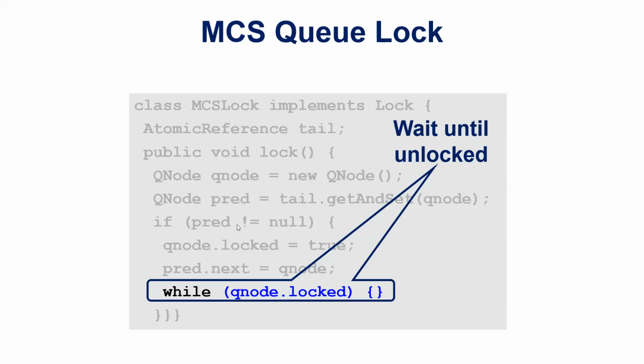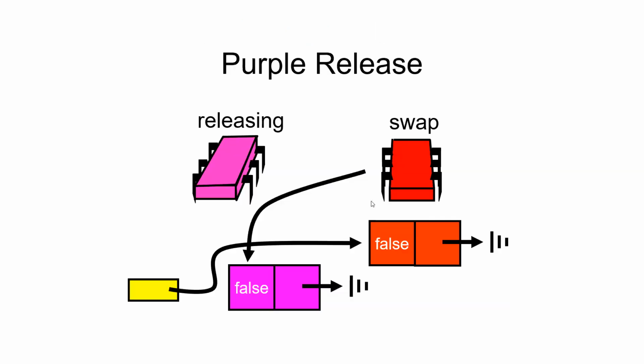After that, we check whether the predecessor is not equal to null. If the predecessor is null, we can directly enter the critical section because that is the first thread. If the predecessor is not null, we set predecessor next equal to Q node, and the thread will spin on its Q node until that locked value becomes false. Right? So this is the simple lock functionality of MCS lock.